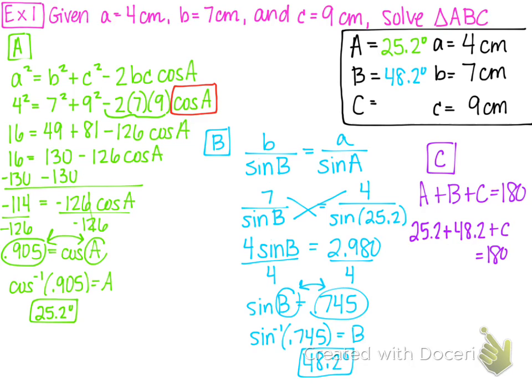So let's add 25.2 and 48.2. And you get 73.4. So we have 73.4 plus big C is 180. And if you subtract 73.4 on both sides, you get that big C is 106.6. And we have solved that triangle.